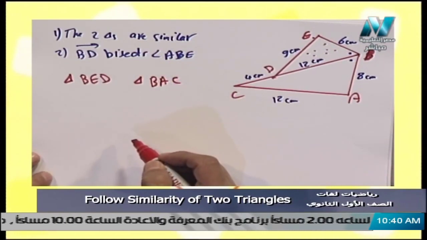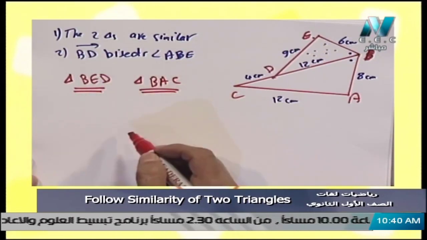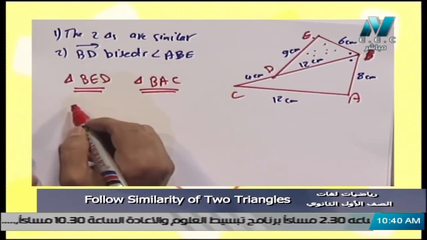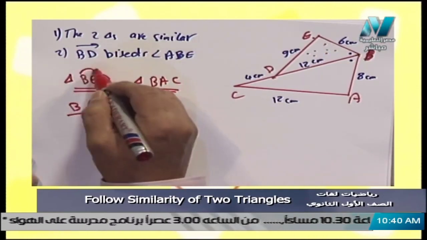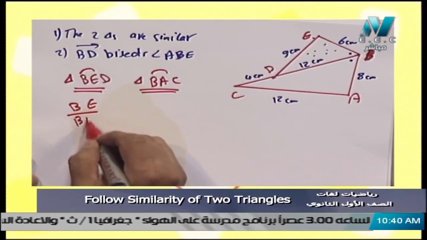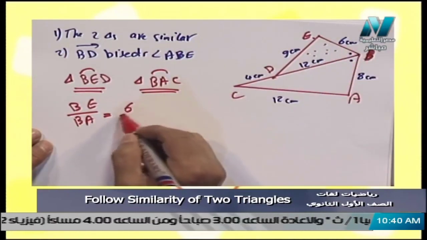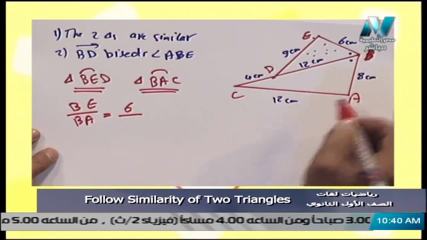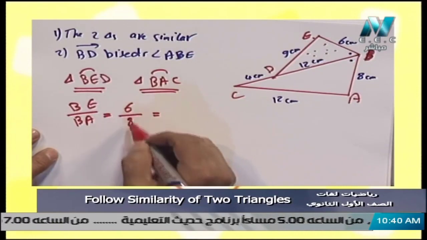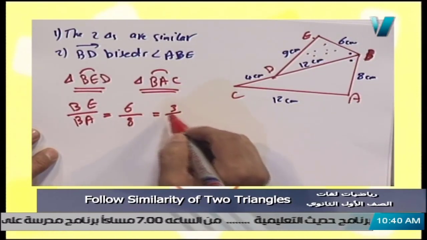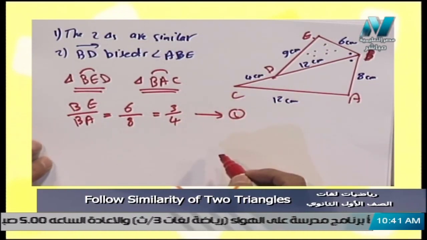And we will try to prove that this triangle is similar to this triangle. To prove that, we will divide BE over BA. BE here equals 6 centimeters, and BA equals 8 centimeters. In simplest form, by dividing them by 2, it will be 3 over 4. Let's say it is number 1.